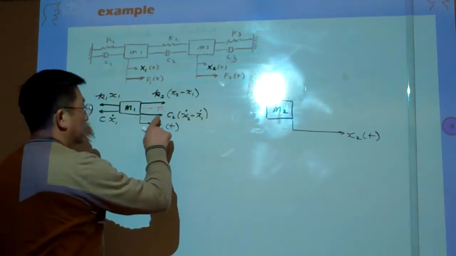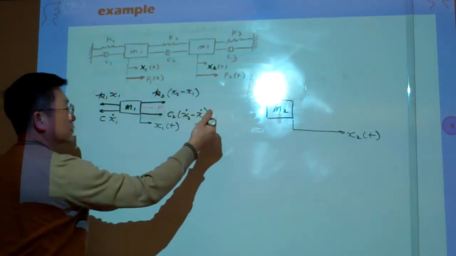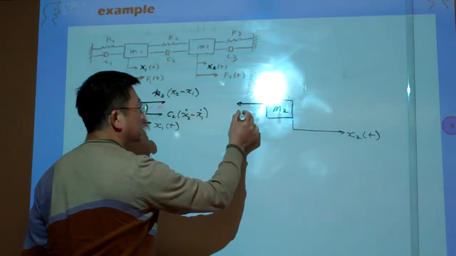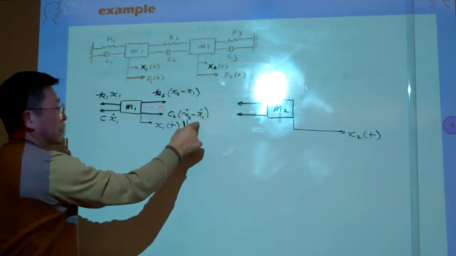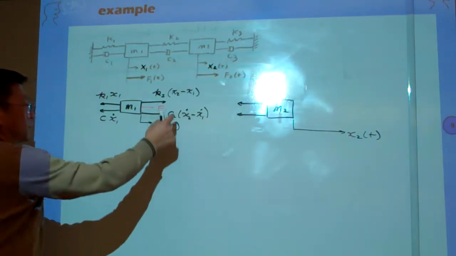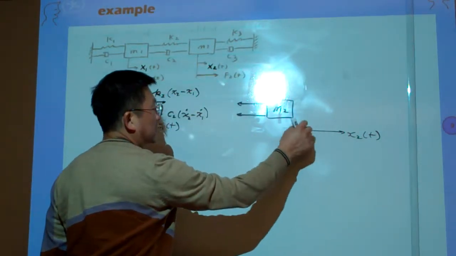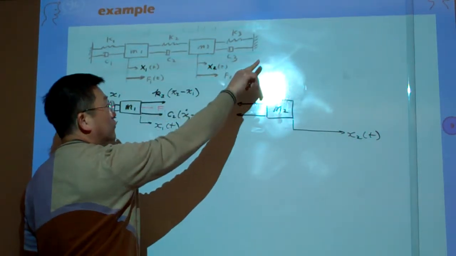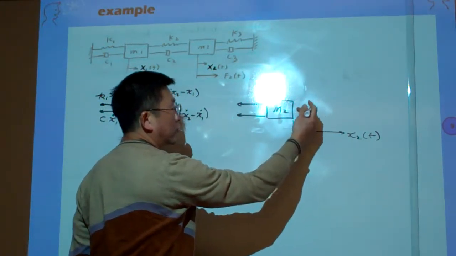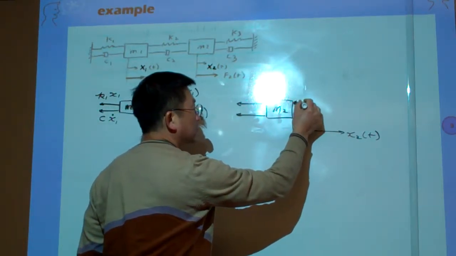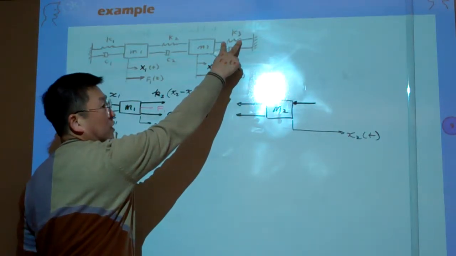With respect to M2, this is an action-reaction force, so we simply reverse the directions onto M2 with the same amount. So let me not write again, that is the same amount as this one. Now for K3 here, because the mass block M2 is moving in that way, the K3 spring has been compressed.